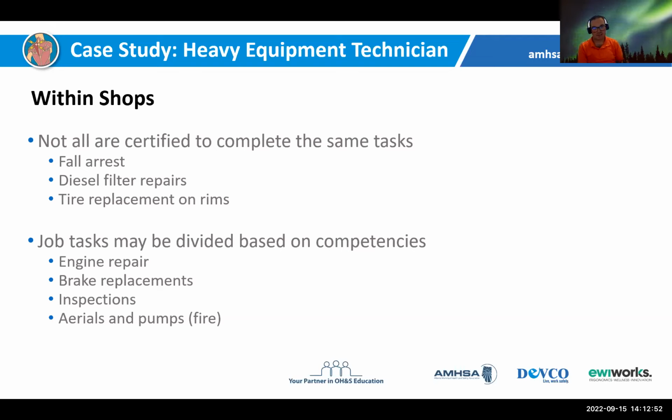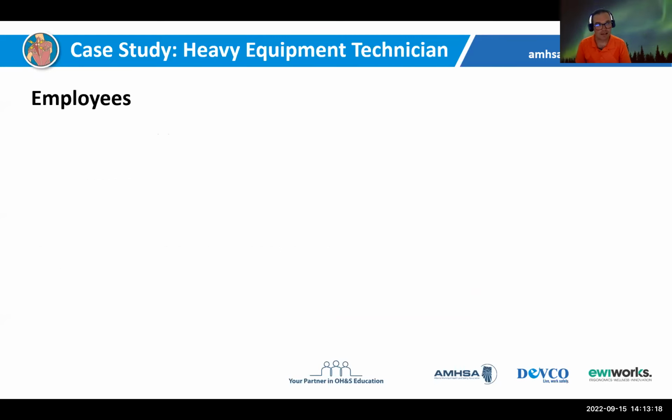These might be things like somebody being better at engine repair, somebody being better at brake replacement, somebody that just prefers to do the visual inspection type stuff. And in the case of fire, things like working on aerials and pumps, again, requiring a special certification, or in the case of aerials, where you're on top of a fire ladder, some guys just don't like working at heights, and so they don't want to do those types of tasks.